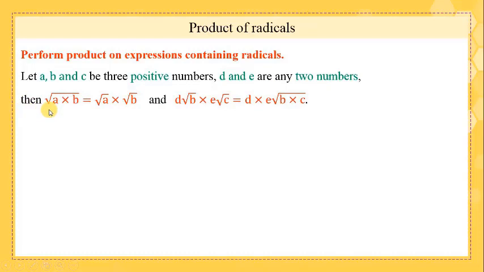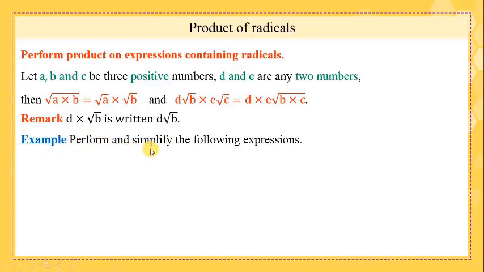Then, the first rule: radical A times B is equal to radical A times radical B, and D radical B times E radical C equals D times E radical B times C. This means that we multiply number by number and the radical by radical. So we get D times E radical B times C. Remark: D times radical B is written D radical B.